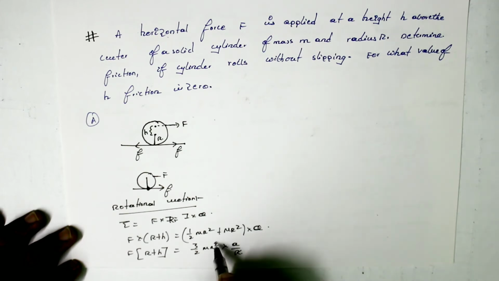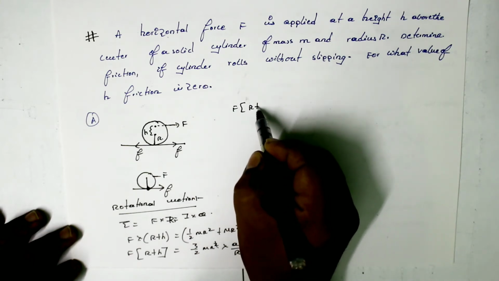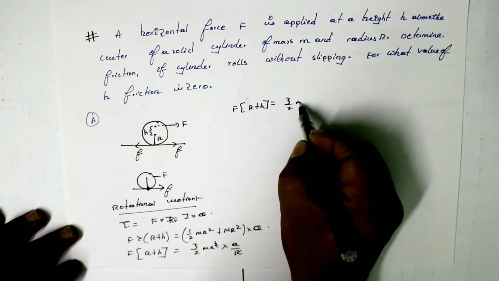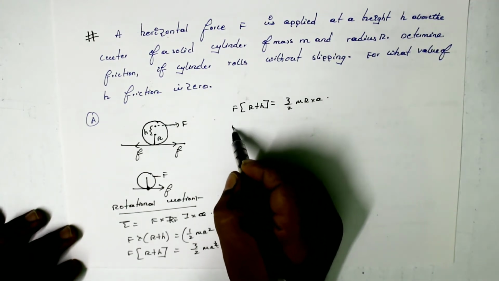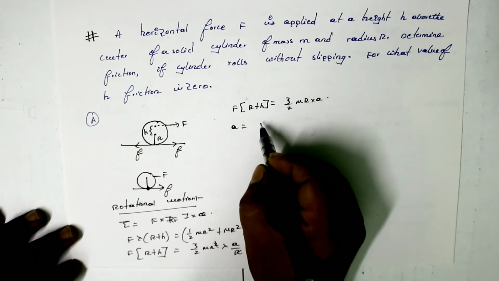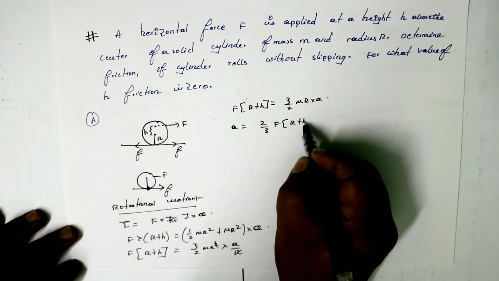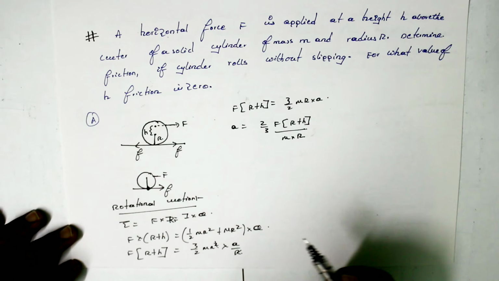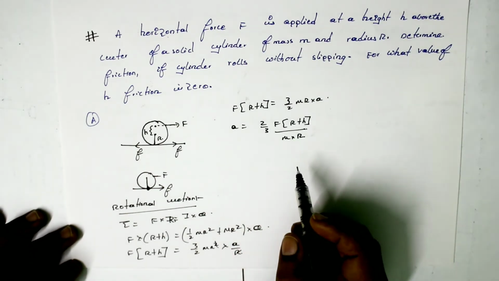So this R and R squared get cancelled. F into R plus H is equal to 3 by 2 mR into A. Therefore A can be written as 2 by 3 F into R plus H divided by mR. This is the equation of acceleration which I got.